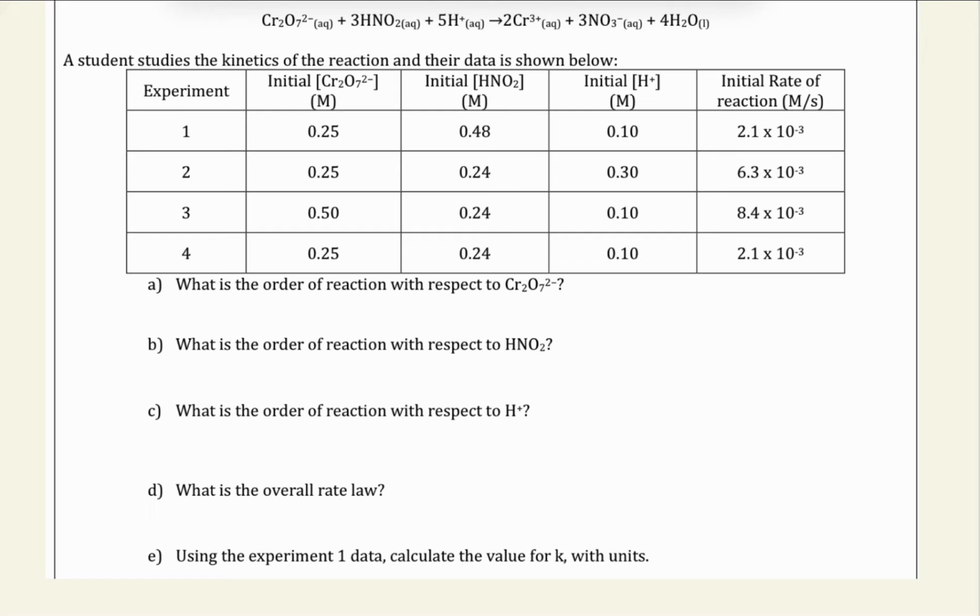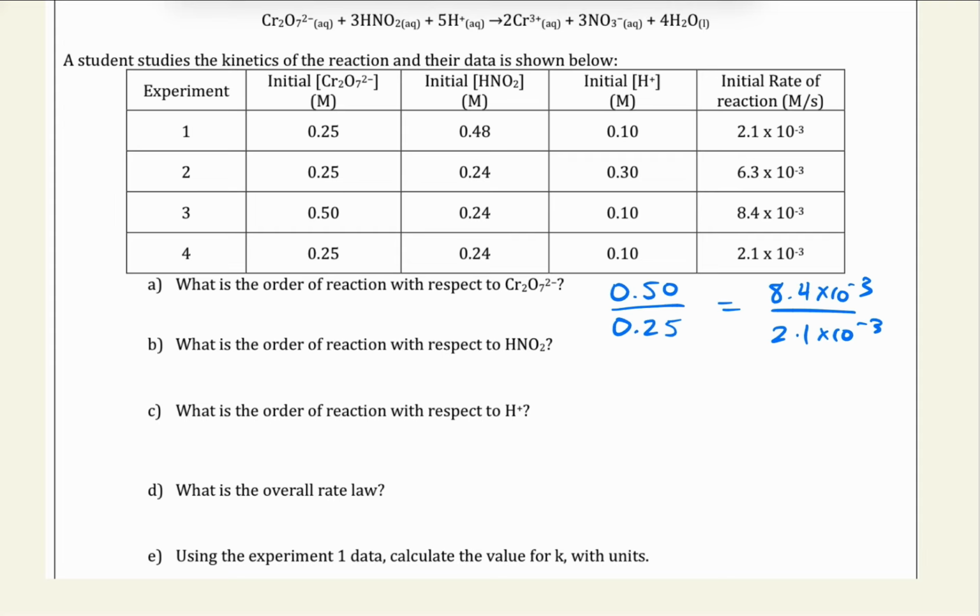So if we take our initial concentration from experiment 3, which is 0.5, divided by the initial concentration from experiment 4, which is 0.25, we're going to compare that with the initial rates of reaction, which are 8.4 times 10 to the negative 3 and 2.1 times 10 to the negative 3.